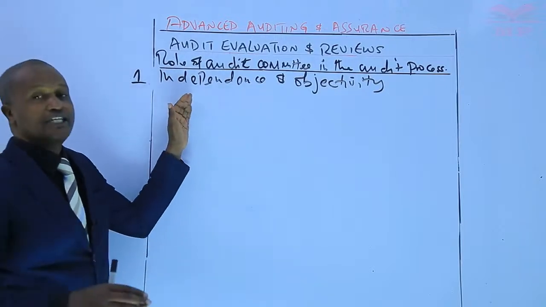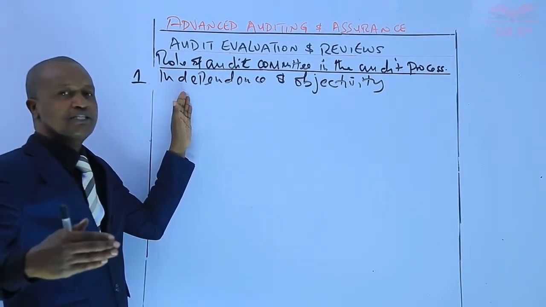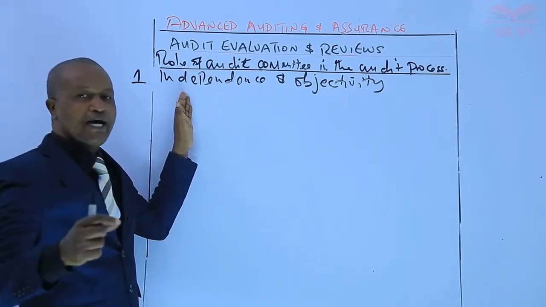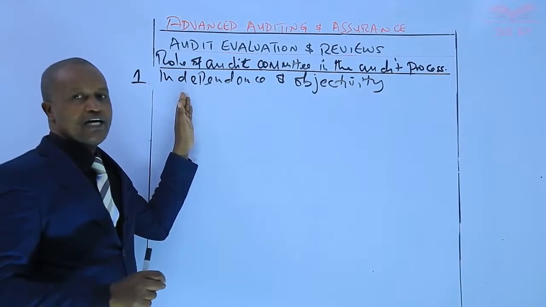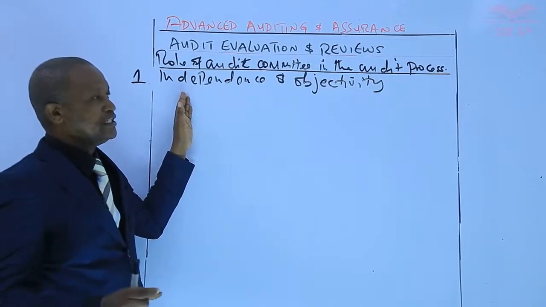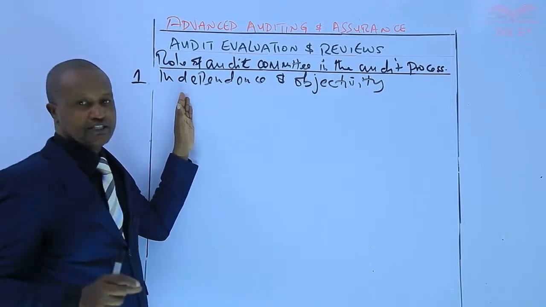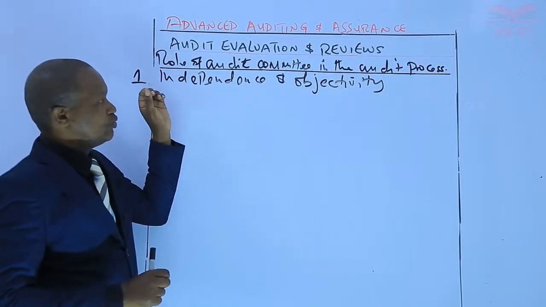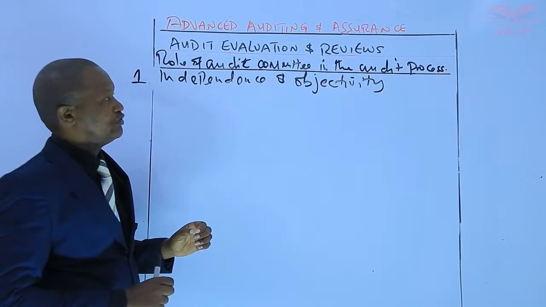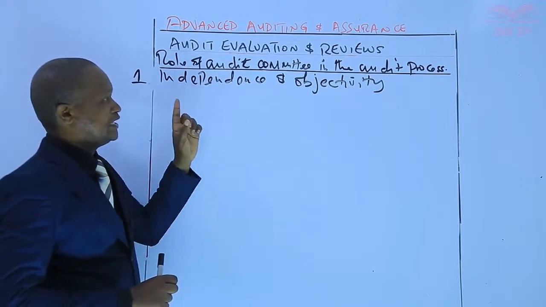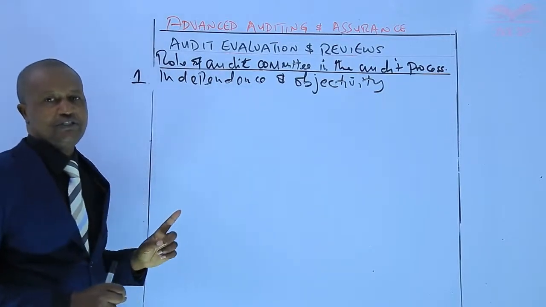Why? Because such independence ensures that the committee can provide unbiased oversight. Such a committee can challenge management's actions when necessary. So that's one important role of an audit committee: independence and objectivity.